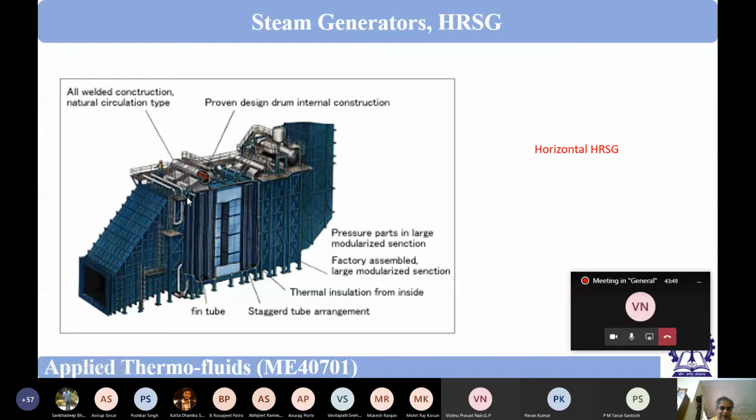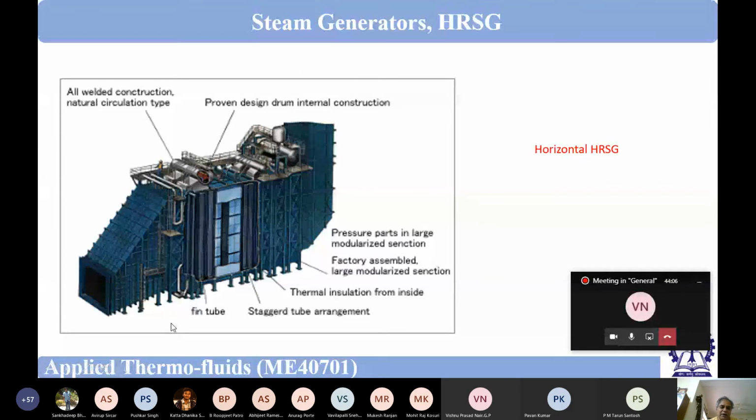It is passing like this. So this is a diffuser kind of section, so that the gas velocity decreases. After that, all the heat exchanger sections will be there. This will be highly insulated. And then this is the chimney. It is cut over here, but this is going up.